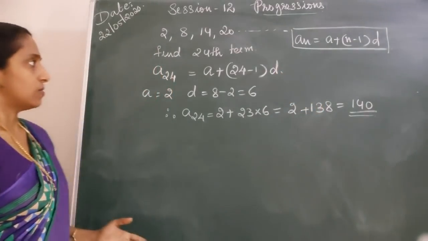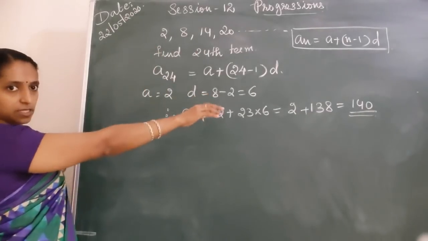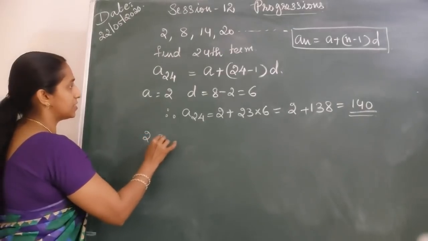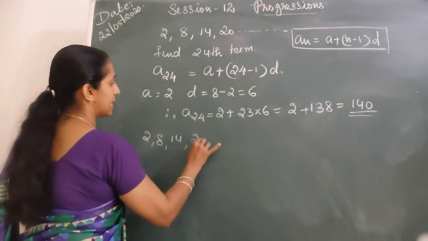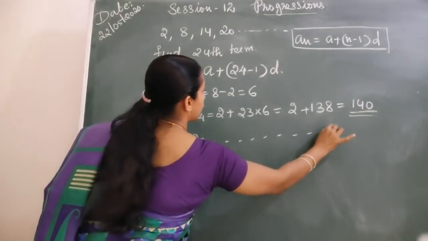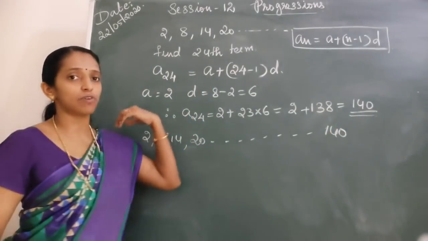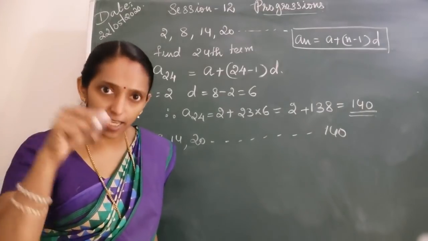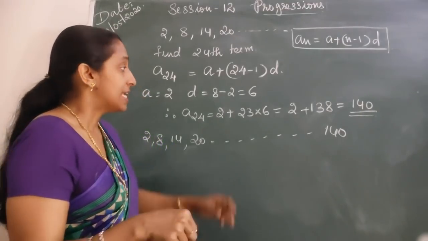Now, this is the 24th term, so you have 2, 8, 14, 20, etc. 140 is given. Can you calculate 140 is which term? You can calculate. How will you calculate?